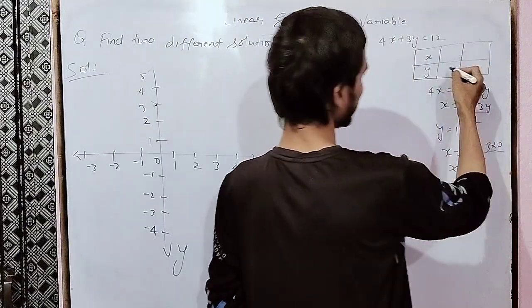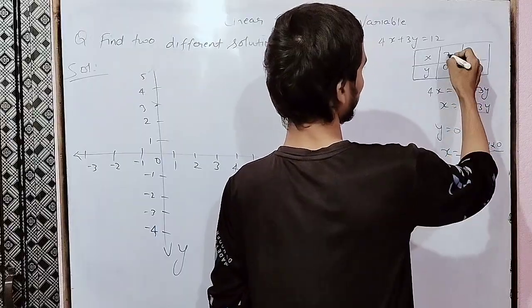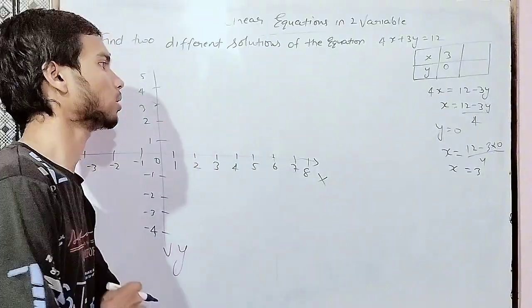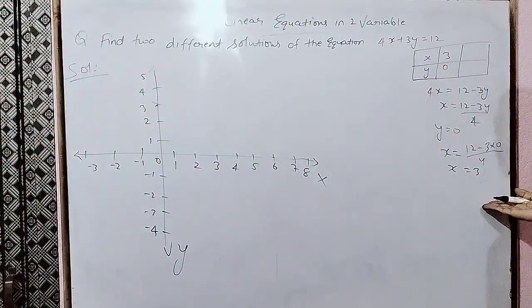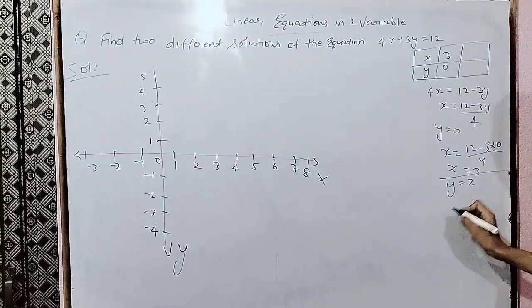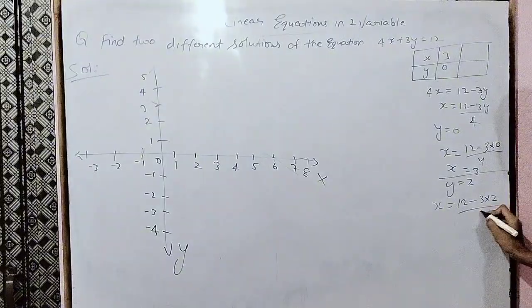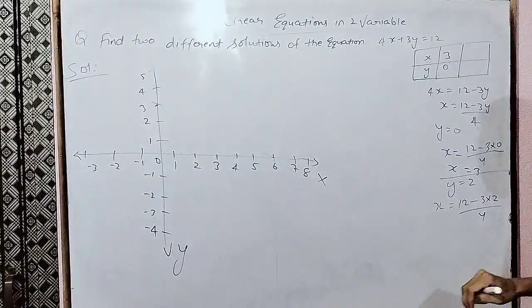So we can say if y is 0, then x will be 3. But if y is 1, then x will not be a simple number. x will be a fraction, as we saw right now. Now y is equal to 2. Then what will happen? 12 minus 3 multiplied by 2 upon 4. 12 minus 6 is 6. So again 6 upon 4 is a fraction.